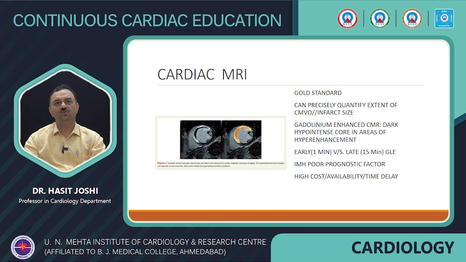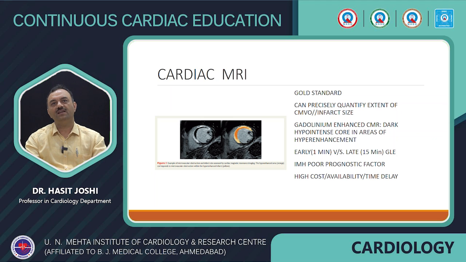Cardiac MRI is the gold standard, can precisely quantify extent of CMVO or infarct size, and can be done as plain cardiac MR, or gadolinium enhanced cardiac magnetic resonance imaging.